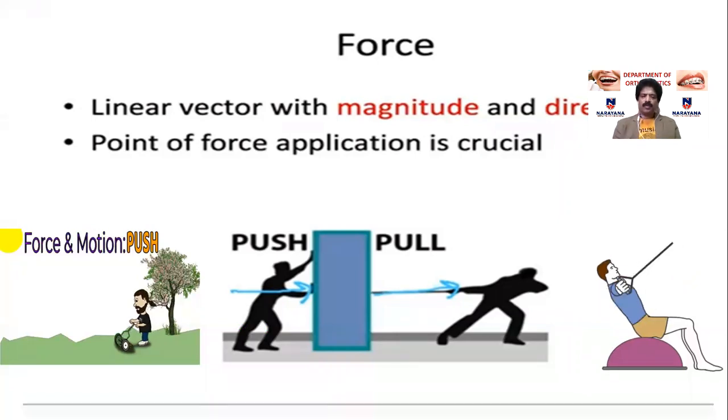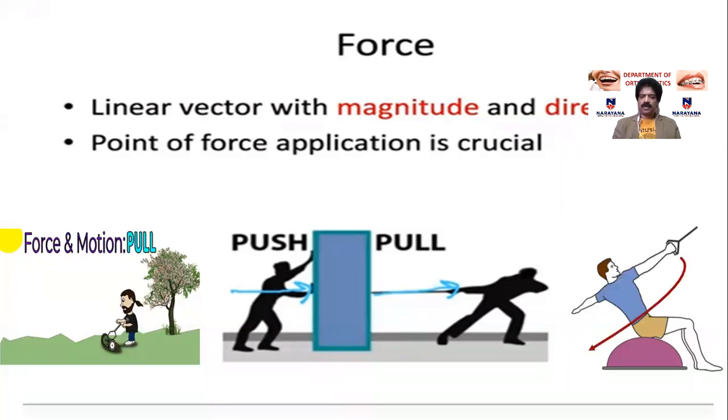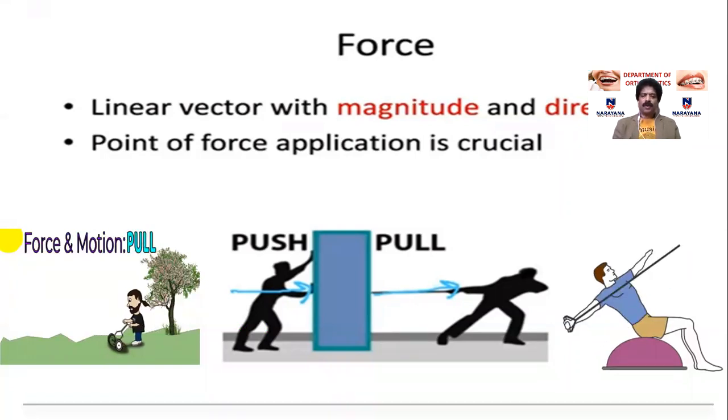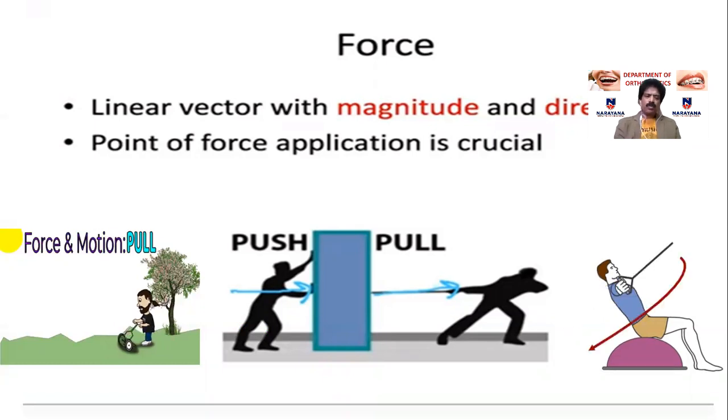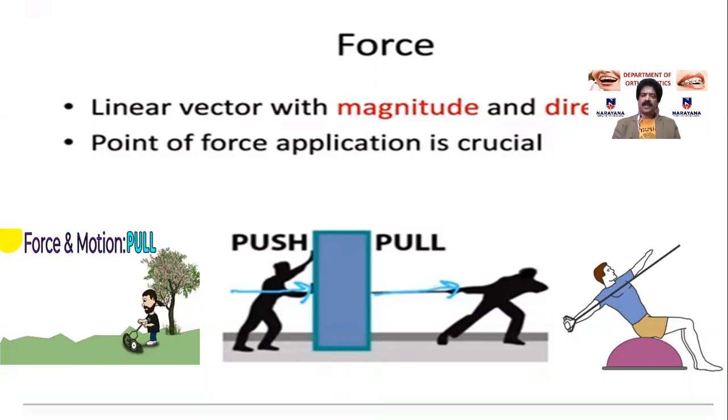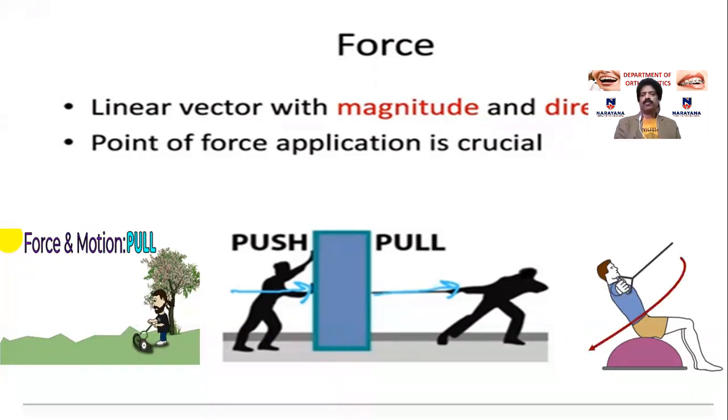So you have two types: a push force and a pull force. Based on your clinical situation, you will be using either the push force or the pull force. Suppose you want to push back a protruded maxilla, you may have to use the push force.